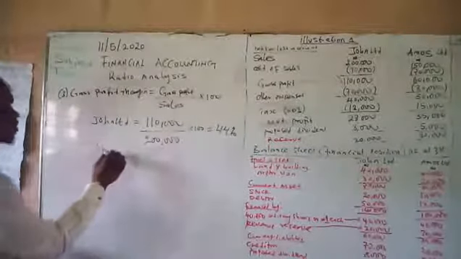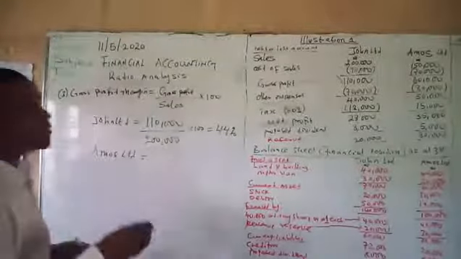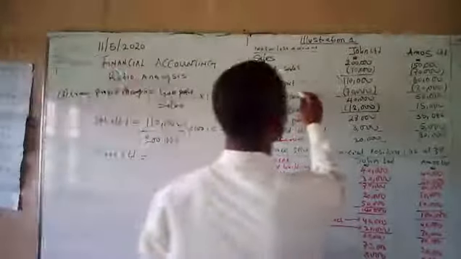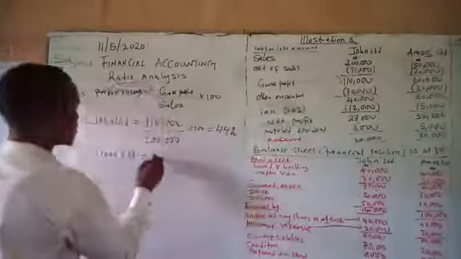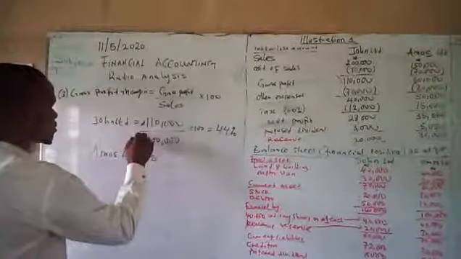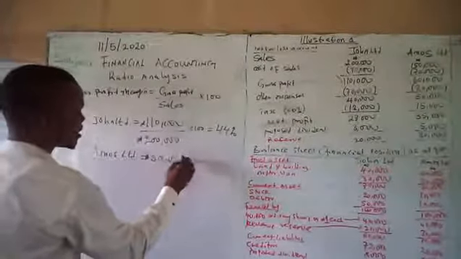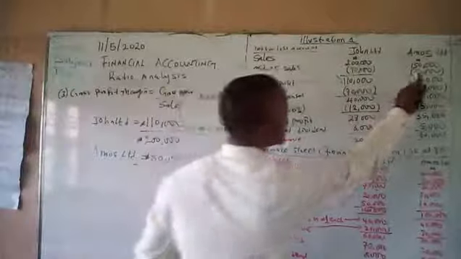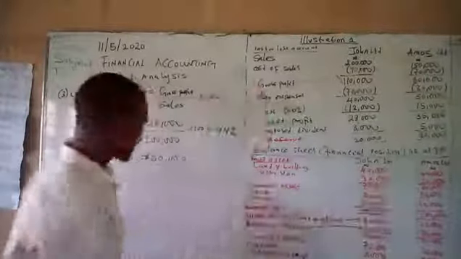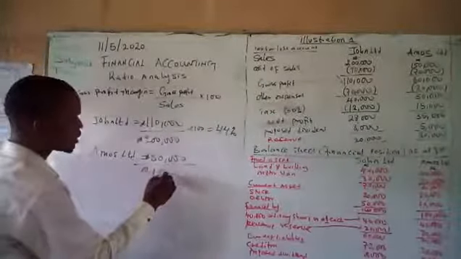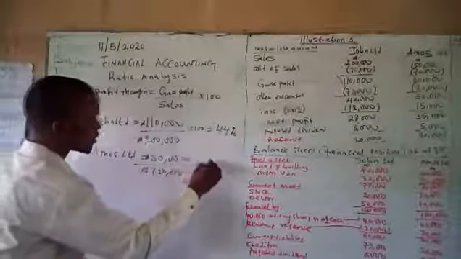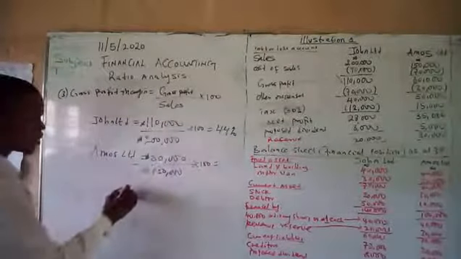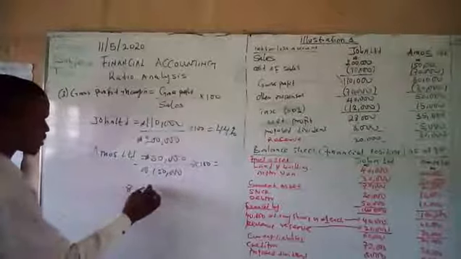Let's now look at that of Amos Limited. For Amos Limited, our gross profit is 80,000 naira divided by revenue, which is 150,000, multiplied by 100. We have 8 over 15 times 100.